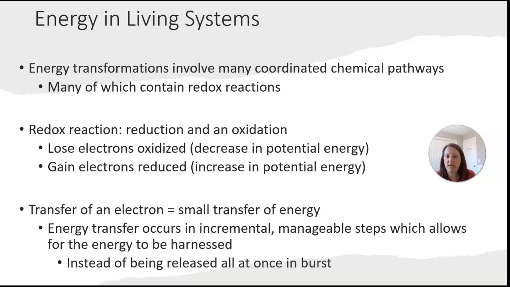When we talk about redox reactions, we're talking about transfer of electrons, and that's where NADH is going to come into play. In our cells, these energy transformations are coordinated chemical pathways. It's not just a simple formula, even though we sum it up that way, but there's really a bunch of little steps along the way, and a lot of times those steps are going to be redox reactions.